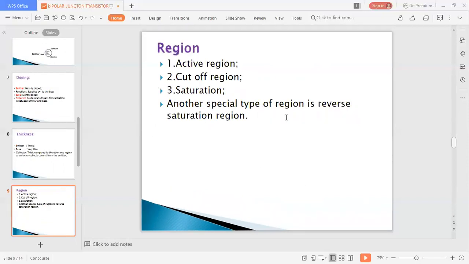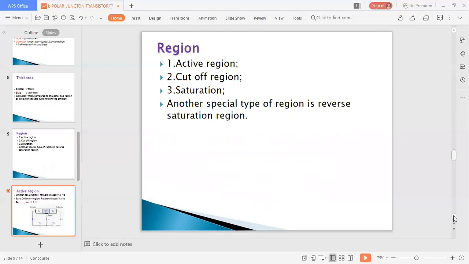Next, there are three regions. They are active region, cutoff region, and saturation region. Another special type of region, that is reverse saturation region, but it is not used for general cases.